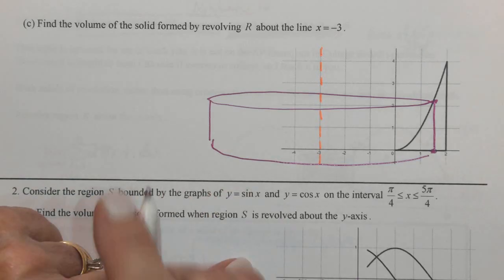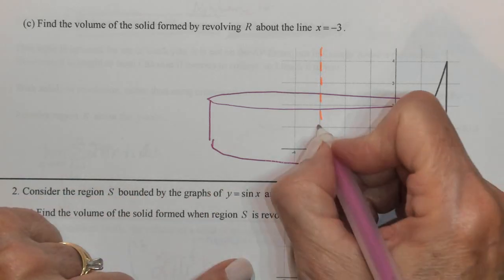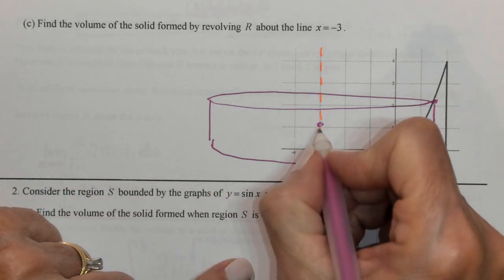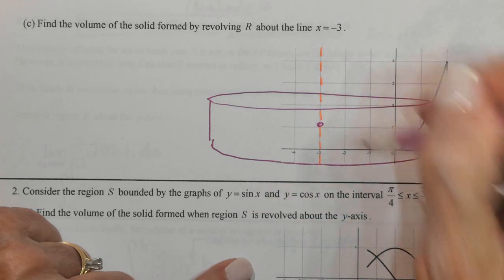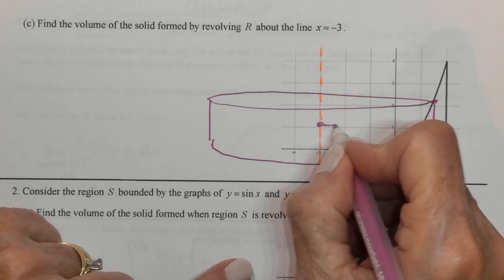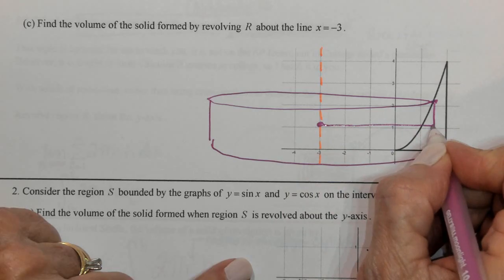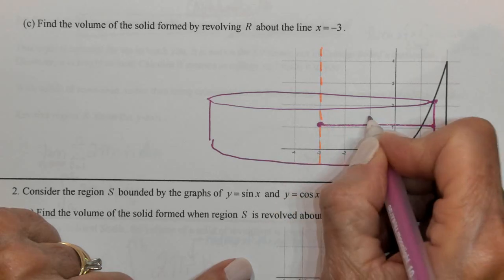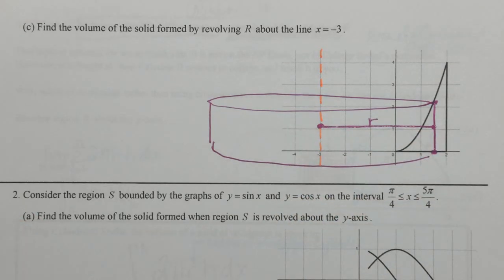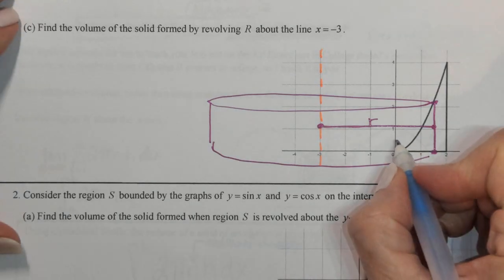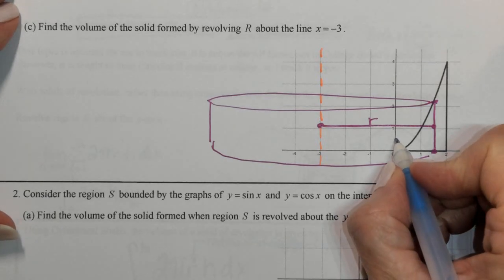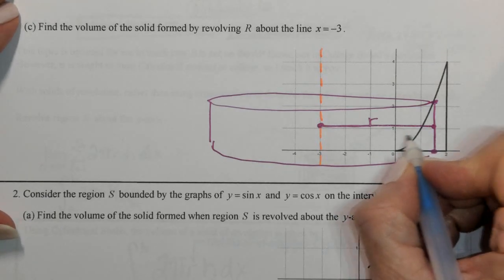Just so you can see a cylinder, I need you to be able to see your radius. So the radius goes from the axis of revolution, which is always going to be the middle of your cylinder, to your slice. Yeah? That's your R. That's the radius. So where is the x? X is from the y-axis to your slice.